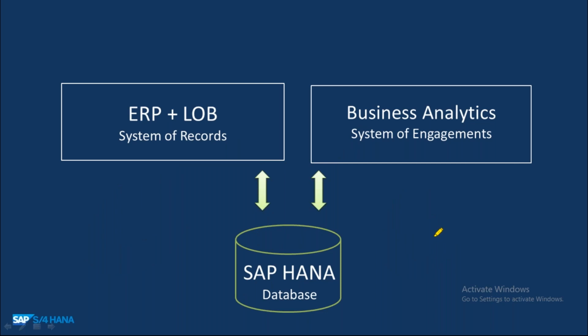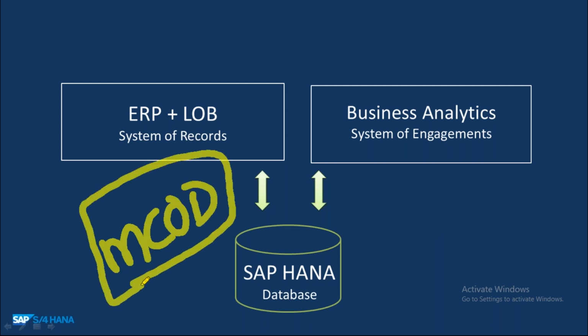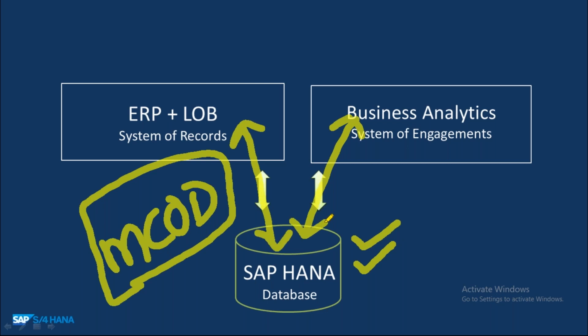So SAP HANA has a capacity component called the MCOD, which is multiple components on one single database, so that you can host your ERP or other business applications from one single database. So this is also another benefit to help reduce the cost of the deployment and the cost of the existing engagement with the HANA and the acceleration of the ERP process and other business applications from one single database.